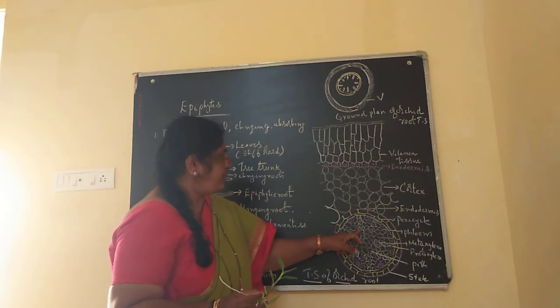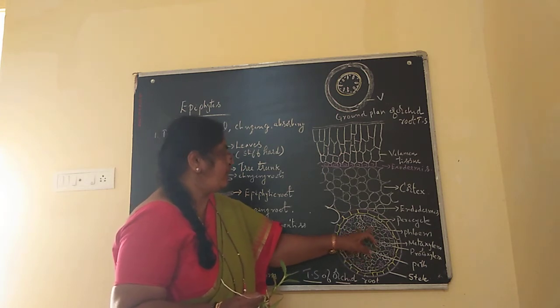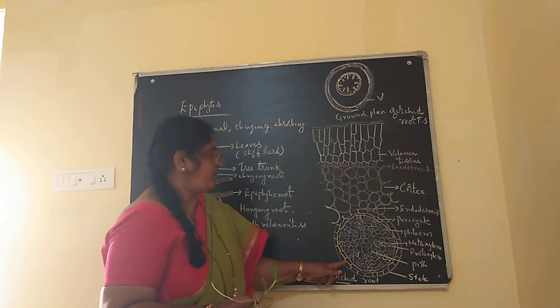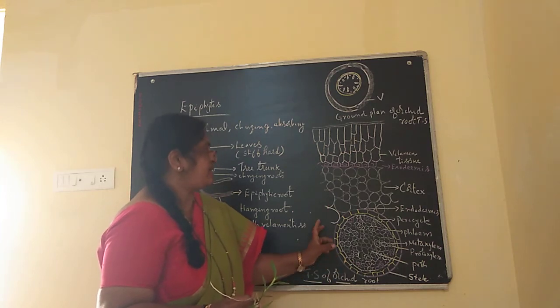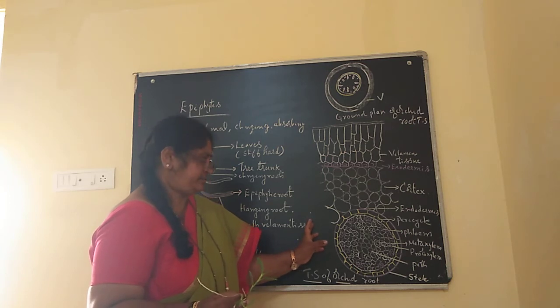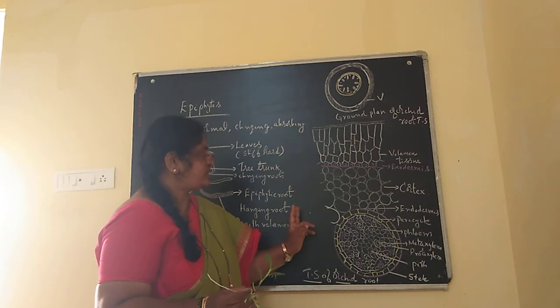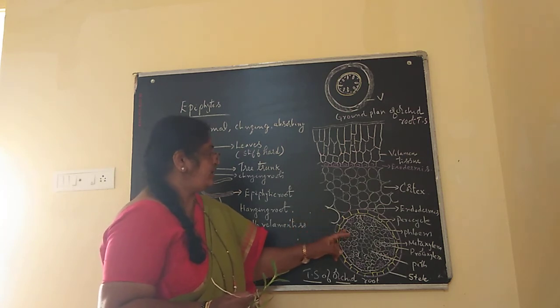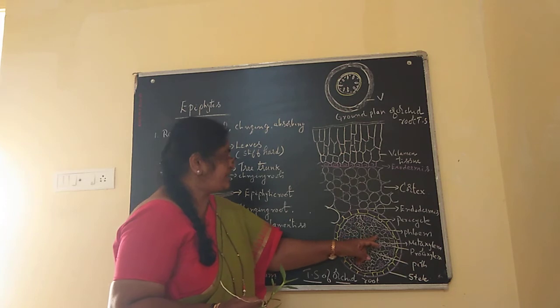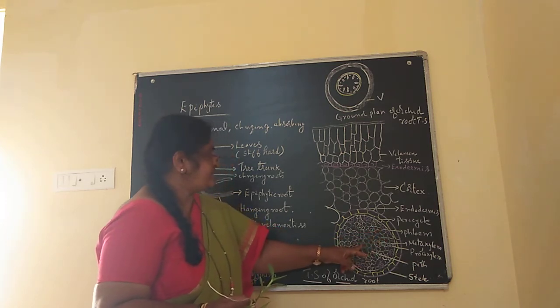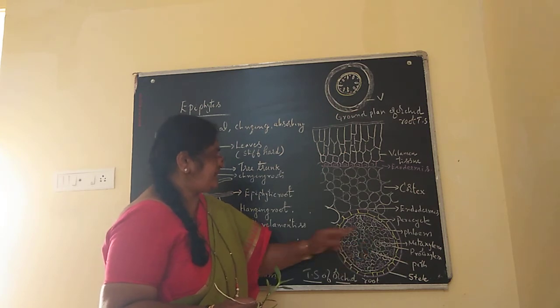You have more than 6 vascular bundles, that is, 8 bundles of xylem and 8 bundles of phloem. So the vascular bundles of this orchid root you can describe as polyarch, exarch, closed, and pith is present.